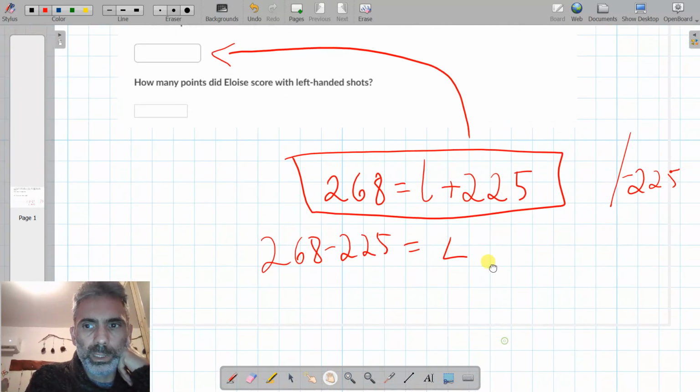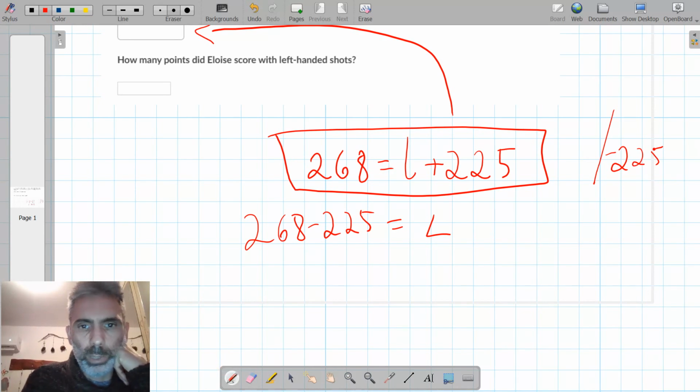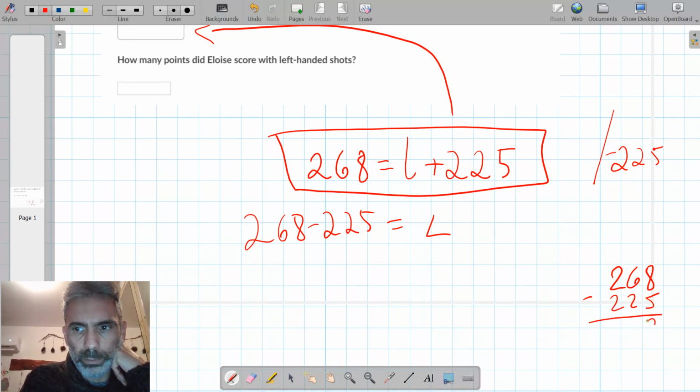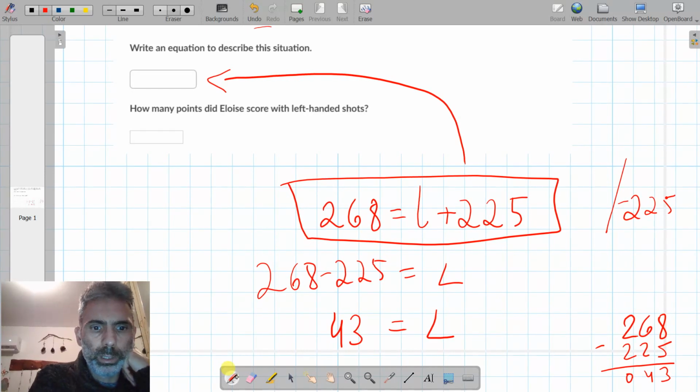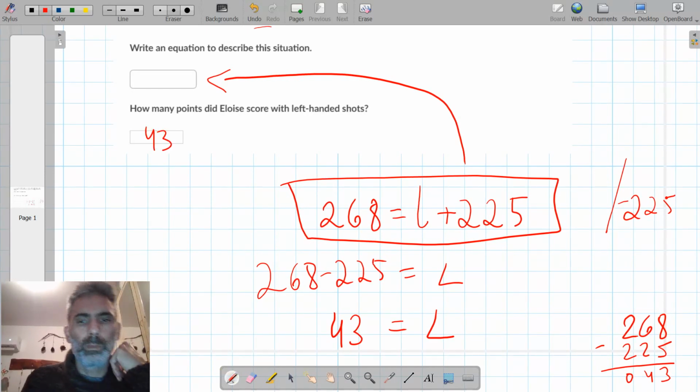So 268 minus 225. 8 minus 5 is 3, 6 minus 2 is 4, and this is 0, so L equals 43. So the answer here is 43.